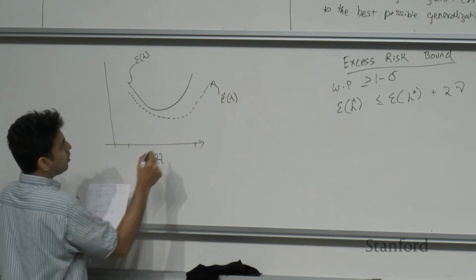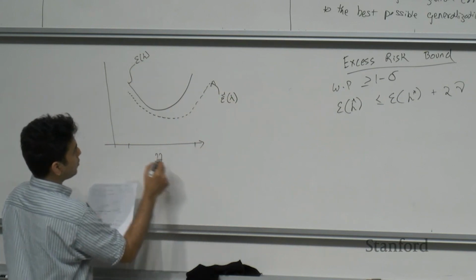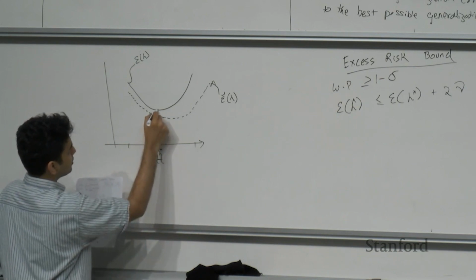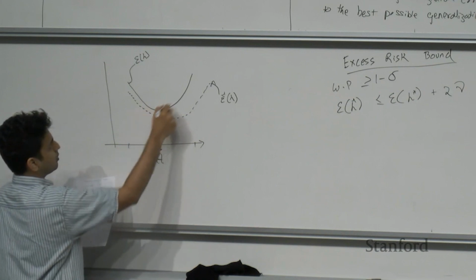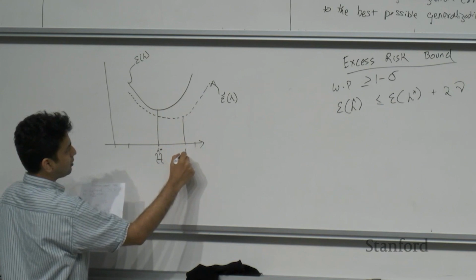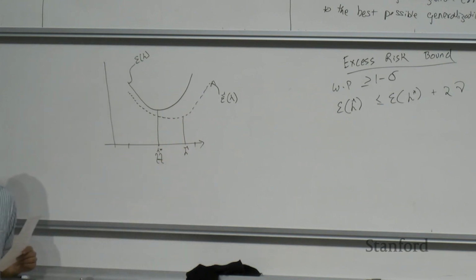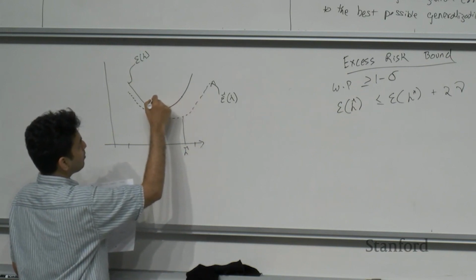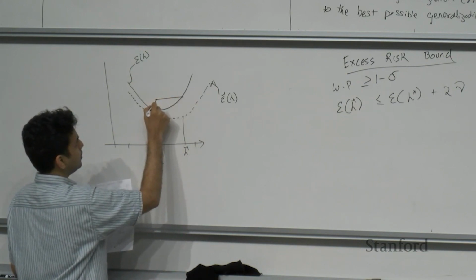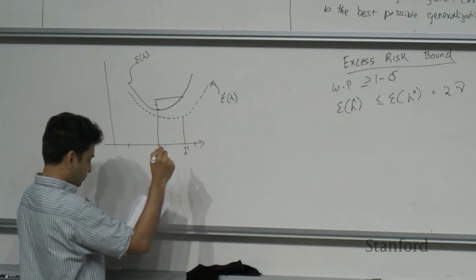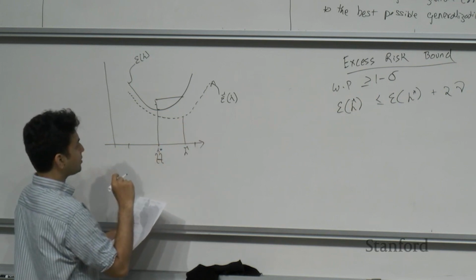This is h star that minimizes the true risk, and this is h hat that minimizes the empirical risk. Now the excess risk is this gap.